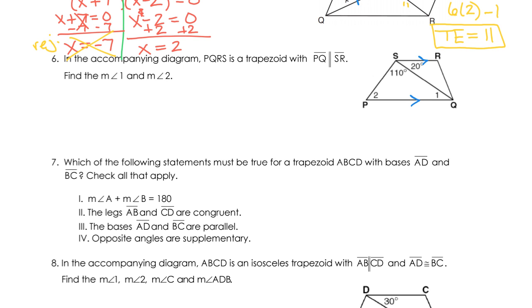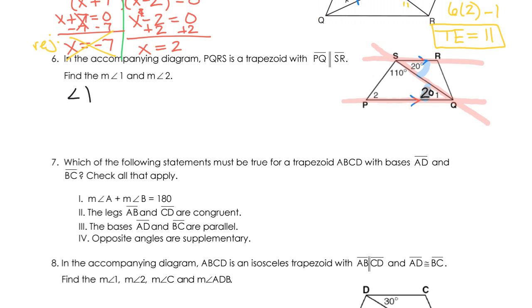All right, so if we look at them, hopefully you remember that the parallel lines are a huge clue, that if we trace over them, we can see who could act as our transversal, which I'm going to take as this. And you can see that 20 degrees right here is between the parallel line and the transversal. And on the other side, so is angle 1. In fact, those two angles are called alternate interior angles, and when the lines are parallel, alternate interior angles are equal. And so this is also 20 degrees.